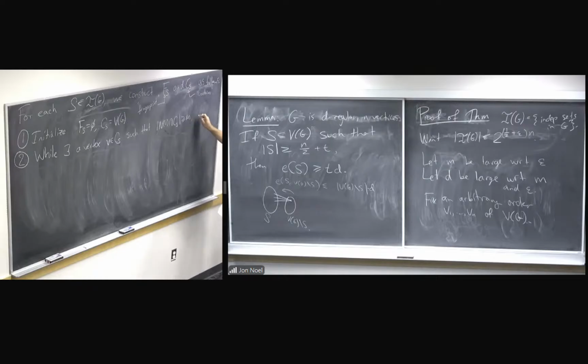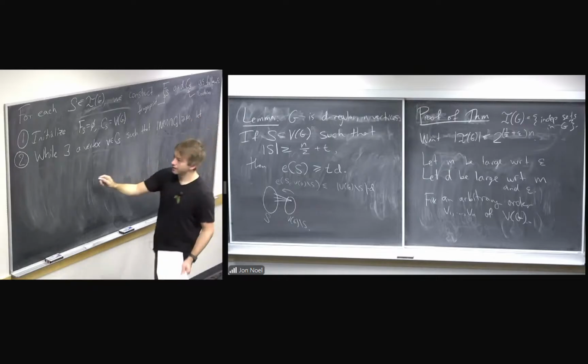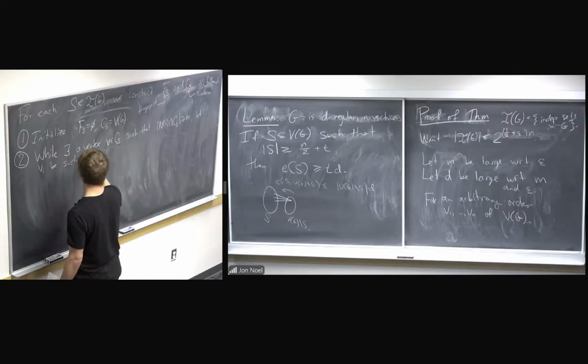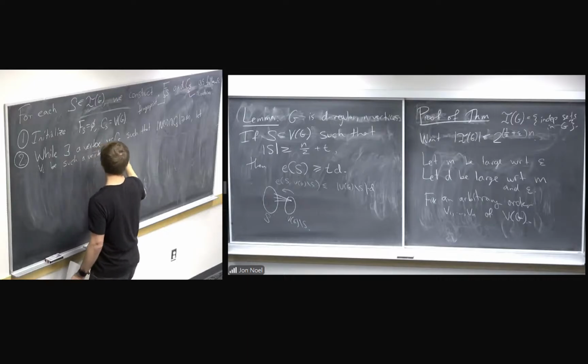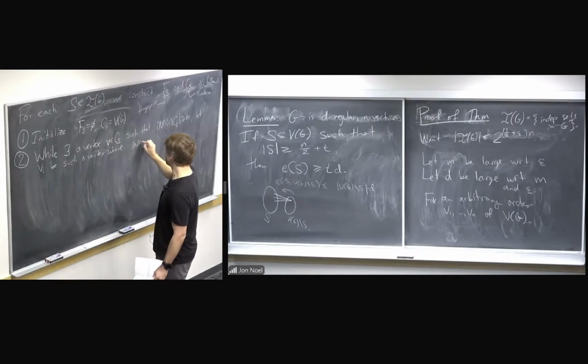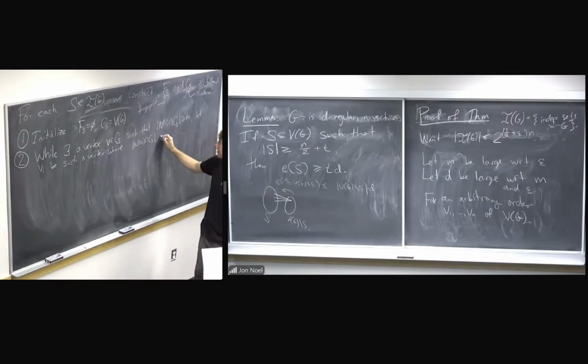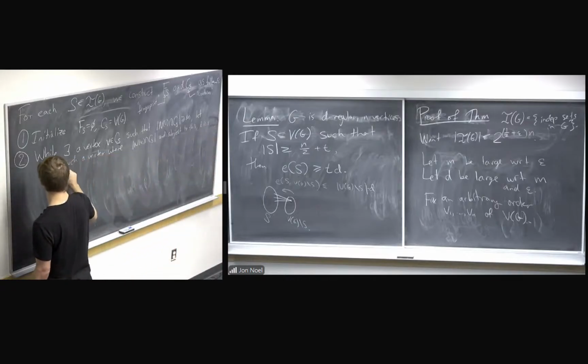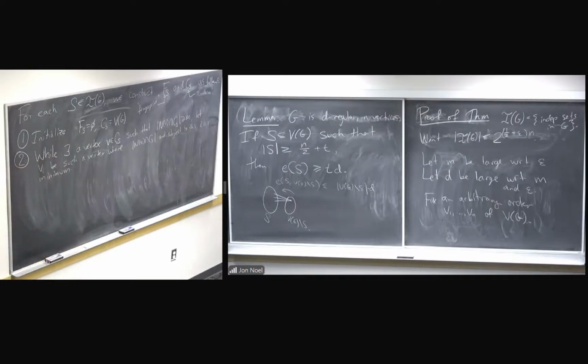So let v_i be such a vertex where we actually maximize this number of neighbors, and subject to this, i is minimum. So just pick the earliest one in the ordering.